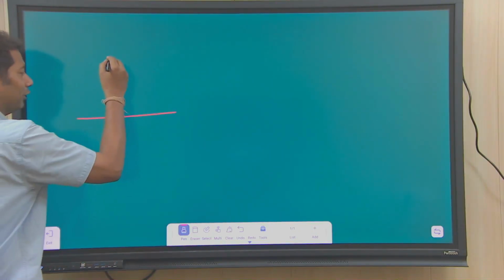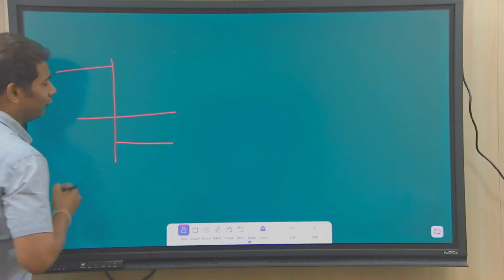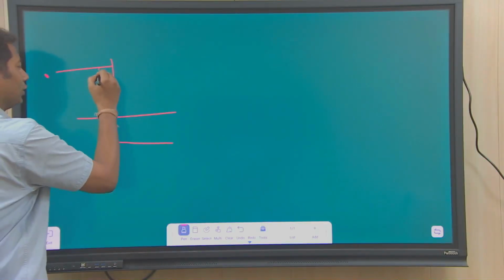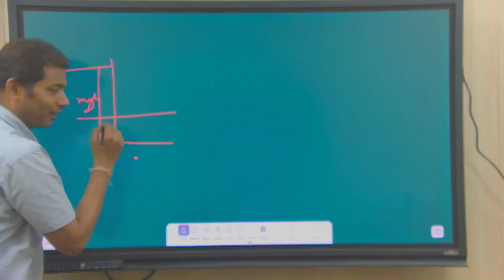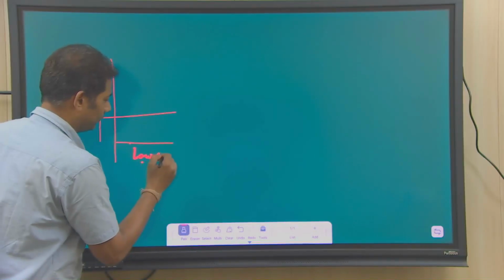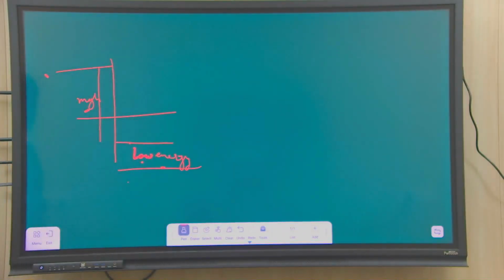What do we do? We create a wall. Due to this, the difference of water level takes place across the wall. Here, the potential energy of water is high, and here, the potential energy of water is low. By the principle of thermodynamics, everything wants to move to the lowest energy state.